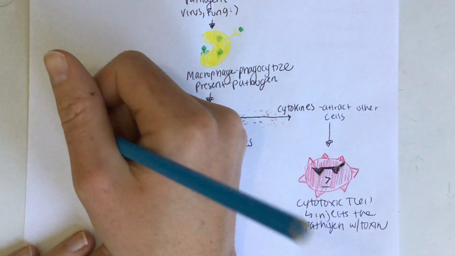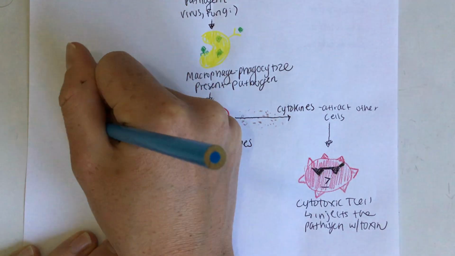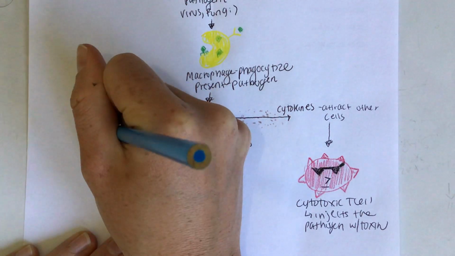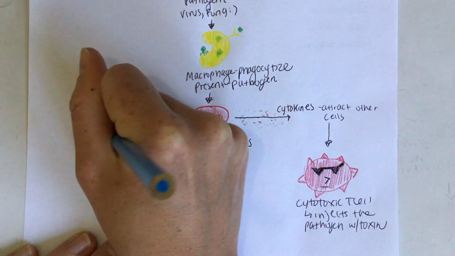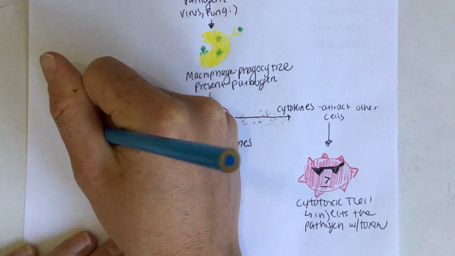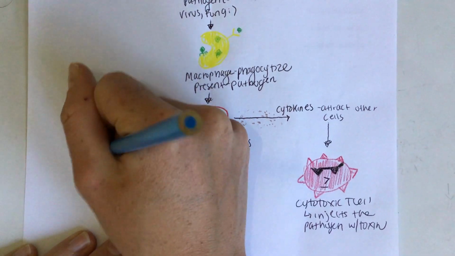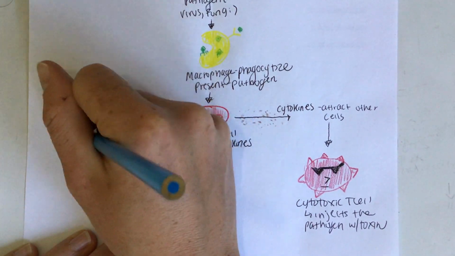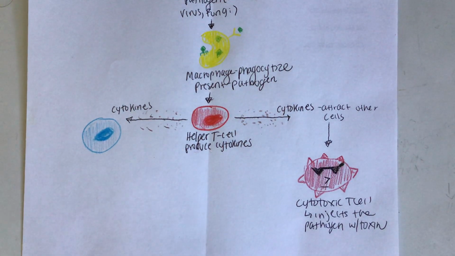So these are just going to show up, and they do have a nucleus. And they're just going to start to copy, and then once they start copying, they will differentiate into different types of B cells that have different jobs in terms of helping with this immune response.